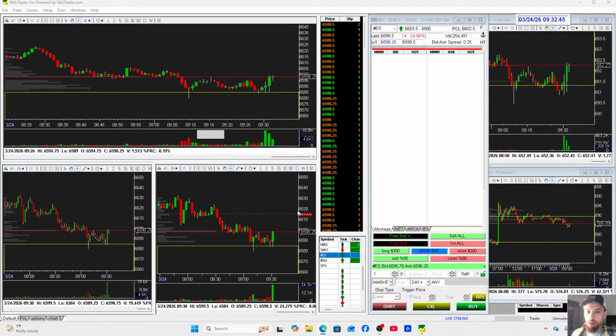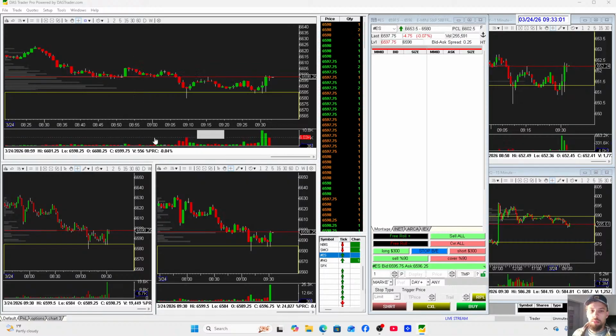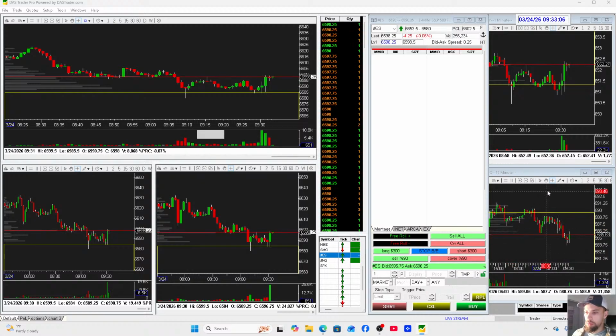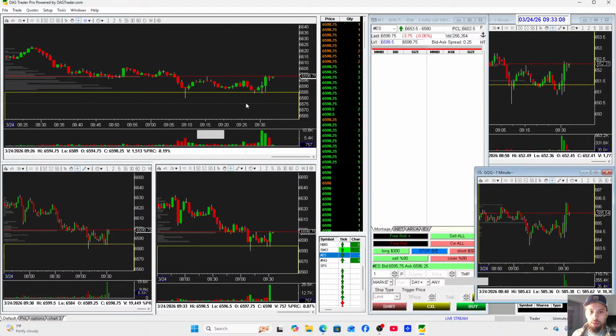Let's see, PLTR came back into the range. That looks pretty bullish as of right now. See if it's gonna pop up here. Volume is dying down though. This is futures. So with futures, there's no market movers.